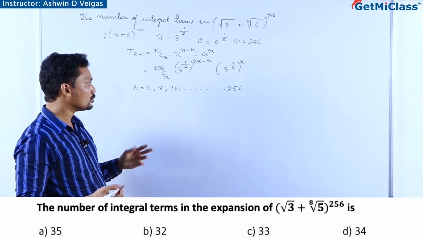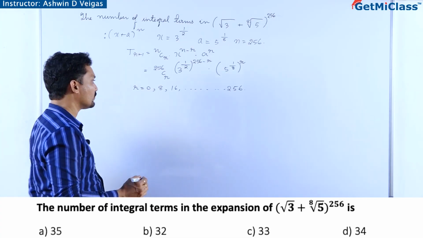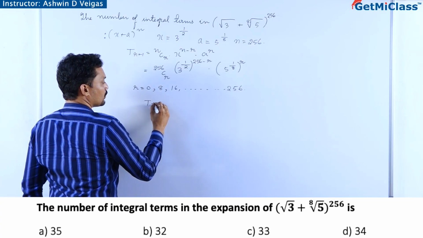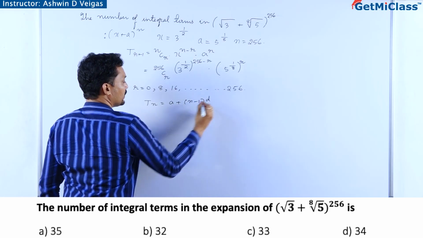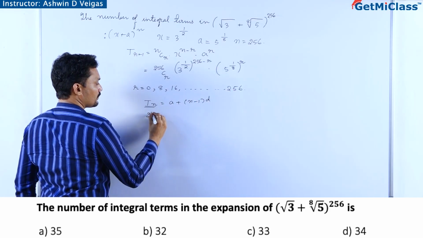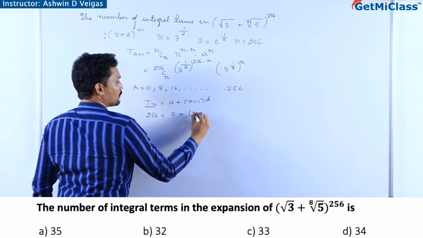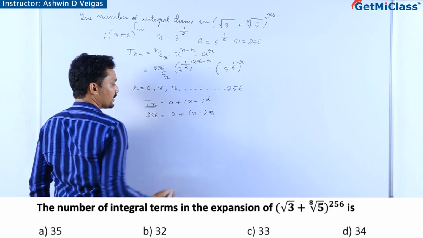So, now my job is just to check how many values are there from 0 to 256. This is an arithmetic progression, so you can use the formula Tn = a + (n - 1)d. Tn is the last term, that is 256, a is the first term, that is 0, and the common difference of this arithmetic progression is 8.